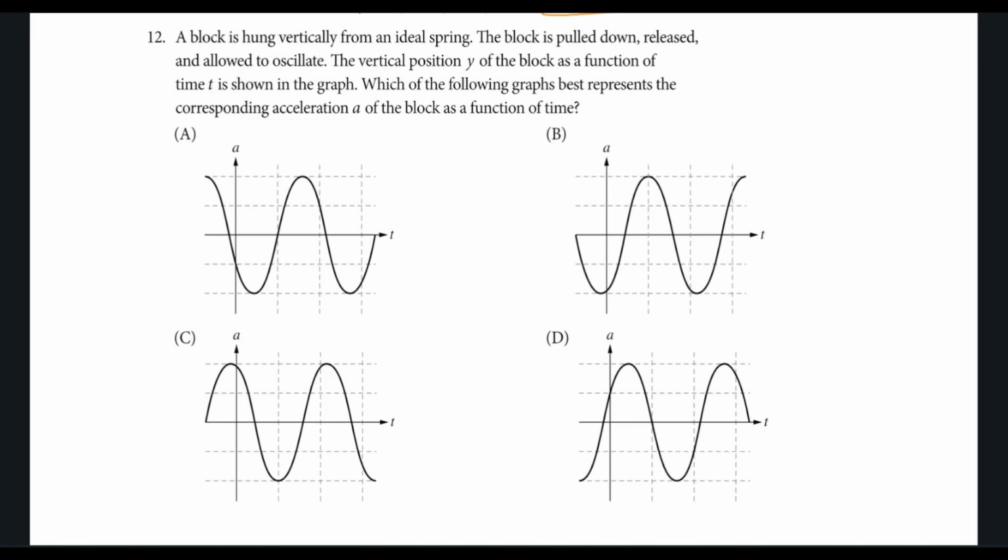If we remember the very basic condition for SHM, which is that acceleration is proportional to minus x, in this case it will be proportional to minus y, because it's a vertical movement. So all I have to do is reflect this about the x-axis because that's position, and that will give me acceleration, right?